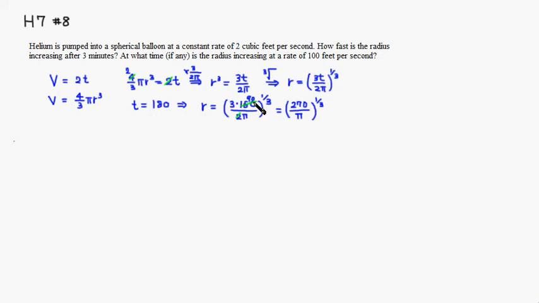So let's take the derivative, implicit differentiation, then plug in all we know. Take the derivative of volume with respect to t.